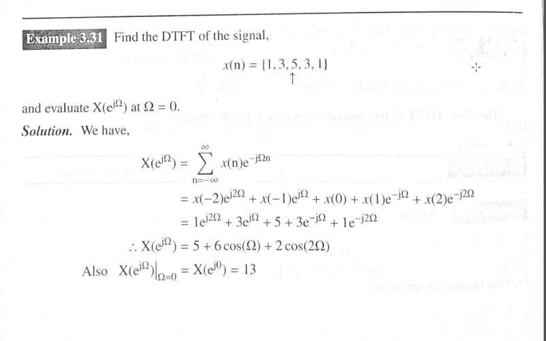By using these two terms, 3 into e raised to j omega and 3 into e raised to minus j omega, if we divide and multiply by 2 by combining these terms, we can write it as 6 into cos of omega. And the same with the j 2 omega terms, we can write it as 2 into cos of 2 omega.